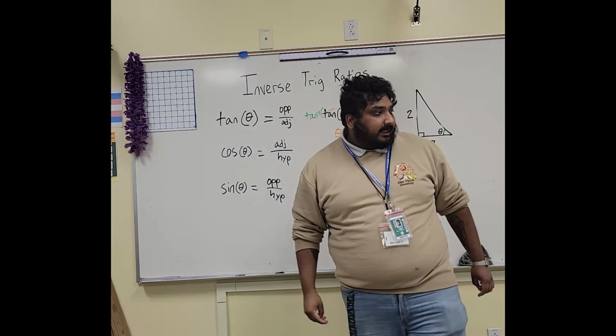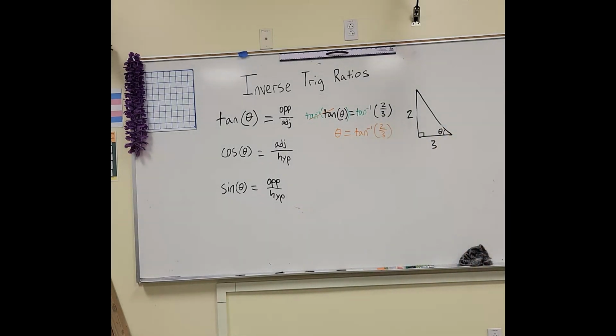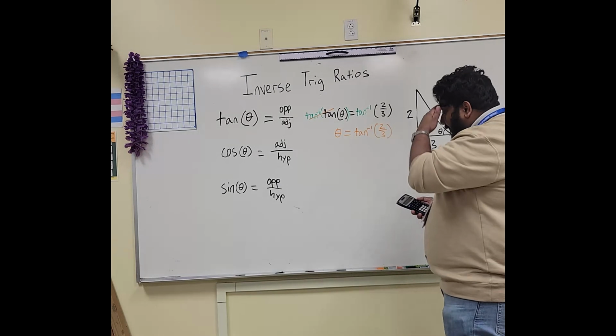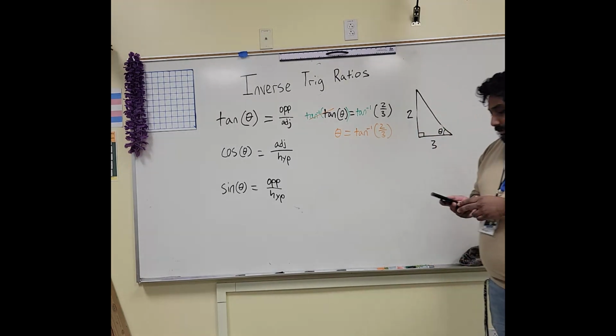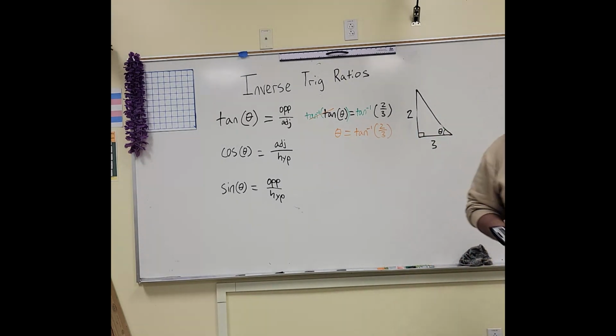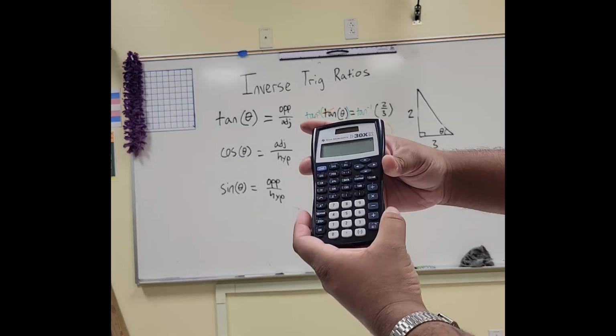Now let me grab one of these calculators. It's going to be a little hard to explain specifically where it is on the calculator. I'm going to try my best, so hopefully this can be seen properly.